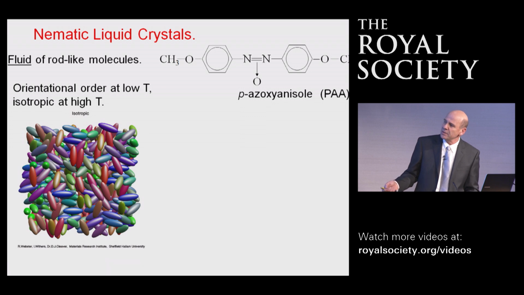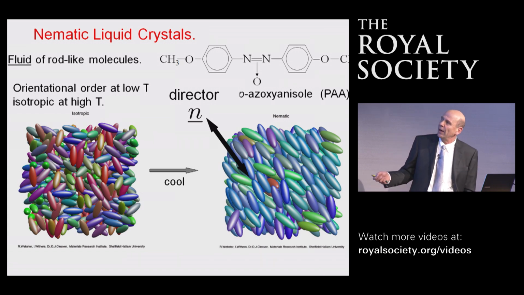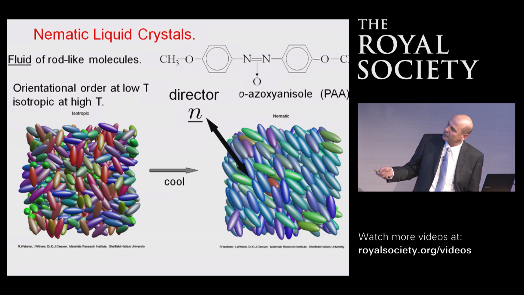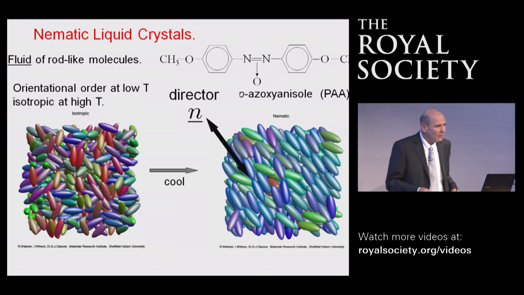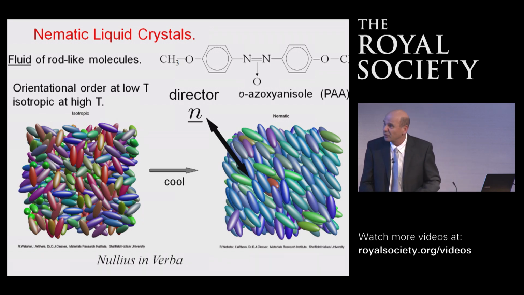And at high temperatures, it's just an ordinary isotropic fluid. And at low temperatures, when you cool it down, it's ordered. So the lozenges, or the little sticks, are on average ordered about a direction called the director. So these are remarkable fluids. They actually go from one phase to another as you heat and cool them.